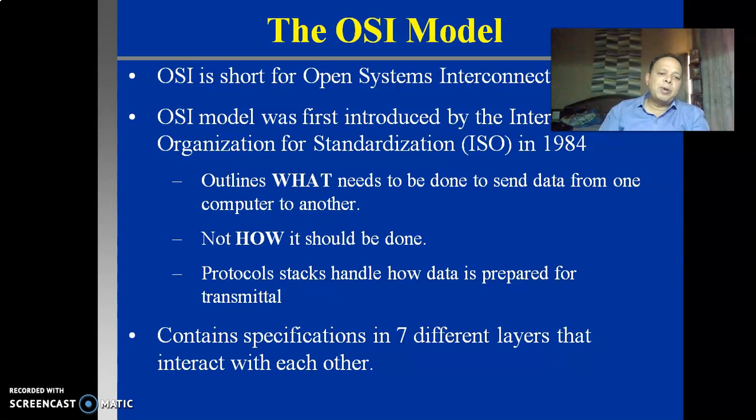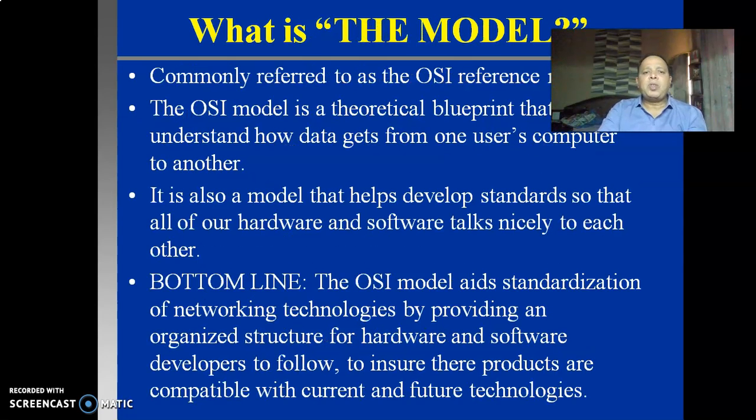Now, these seven different layers interconnect with each other so that the entire task of data transmission and reception is accomplished. So therefore, this is not a standalone process or standalone protocol. It comprises a lot of layers, and those layers interact with each other.